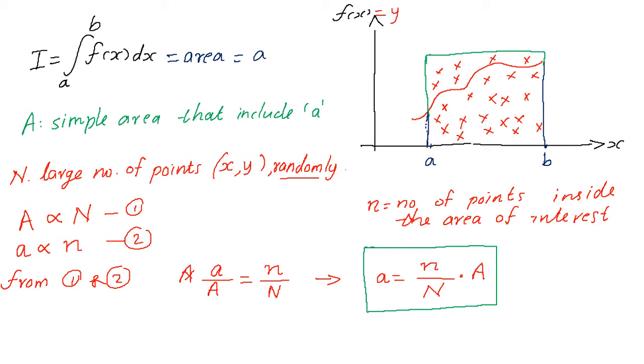So for a reliable result, two important things must be satisfied. One is n must be large, must be very large. Then only this proportionality holds good. Another thing is you must choose the points randomly.